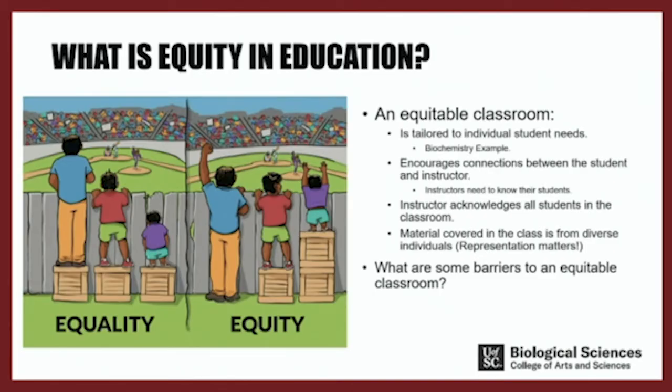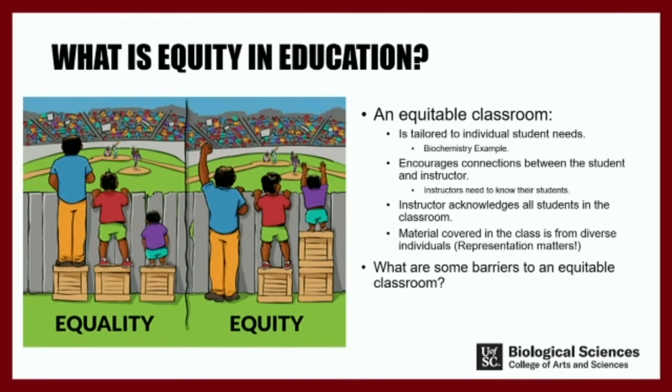So again, looking a little more at what equity actually is, this is one of the famous examples when you're looking at equality versus equity. I have three individuals of different heights trying to watch a baseball game. With equality, you're giving everyone the same box, but with equity, you're changing it based on individual needs, right?